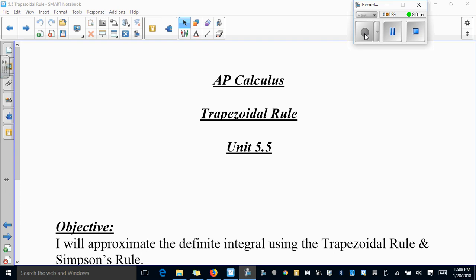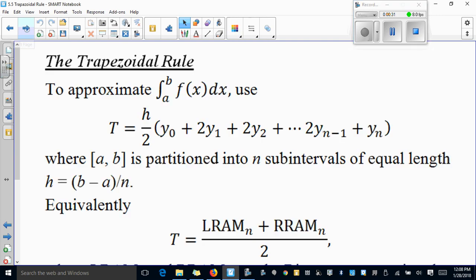The trapezoid rule, to approximate the integral from a to b of f of x dx, is h over 2 times your first y value plus 2 times your second y plus 2 times your next one, and so on, till you get to the very last one.